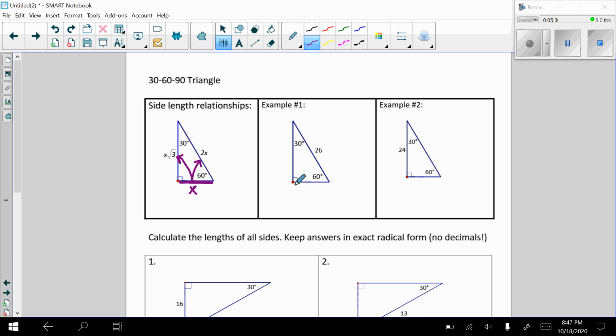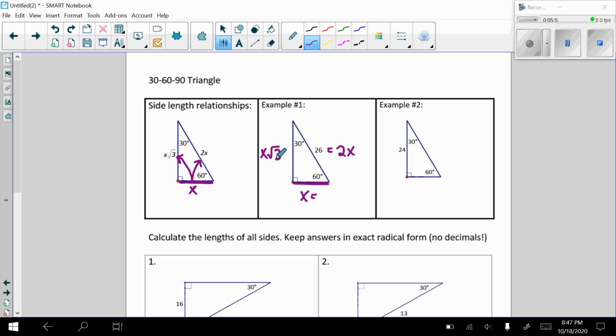Well, again, let's look at this problem. I'm going to highlight this side and I'm going to label it x. I know that this is my hypotenuse, so this is 2x. And this is my medium side, so this is the x root 3 side.